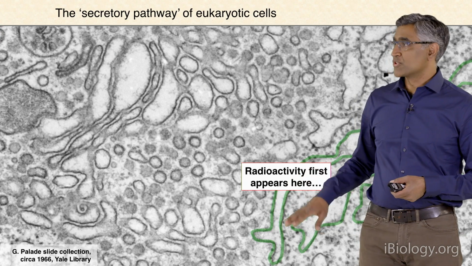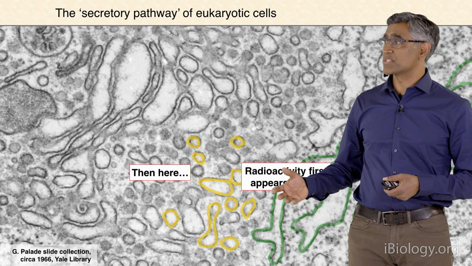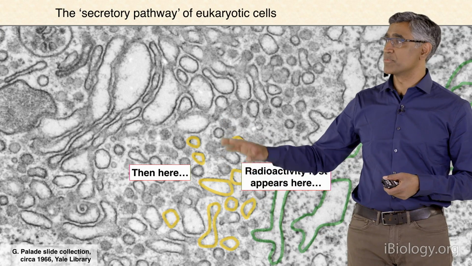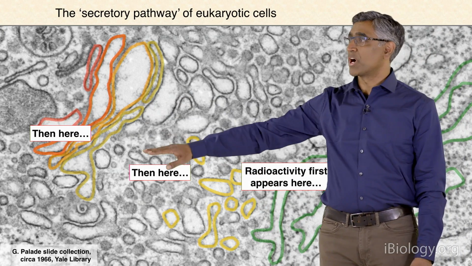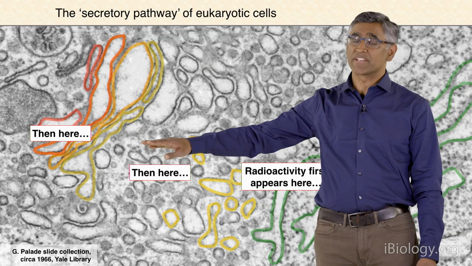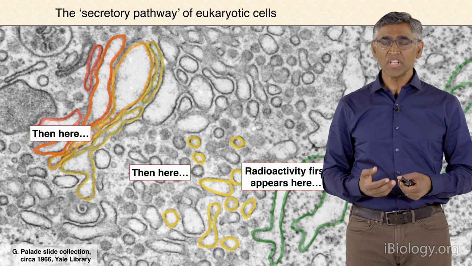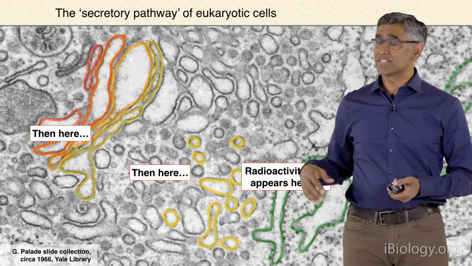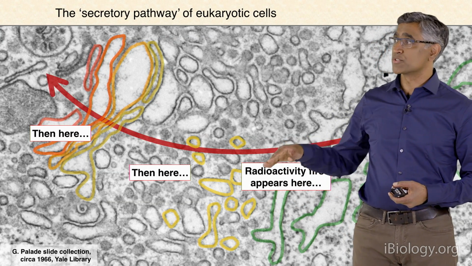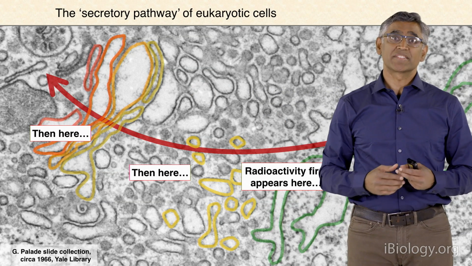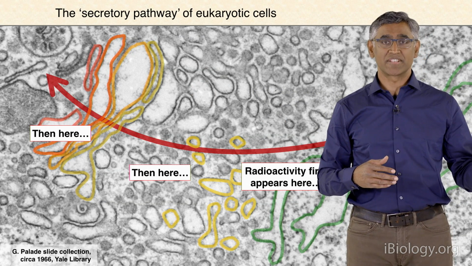And so it shows up here in the ER, and then at slightly later times, it shows up in vesicles that are distributed near the ER. And then at even later times, it shows up in compartments that turn out to be the Golgi apparatus. And eventually, the radioactivity winds up outside the cell. And so the question is, how does it get among these different compartments? And it's clear that there's some type of secretory pathway that transits through the cell, across these different compartments, eventually to the outside of the cell.